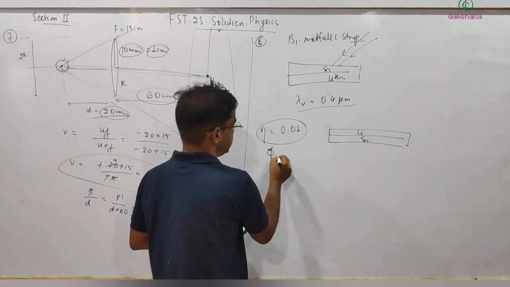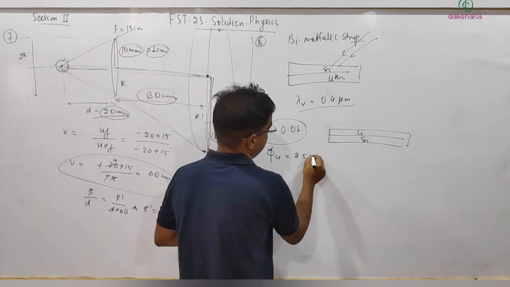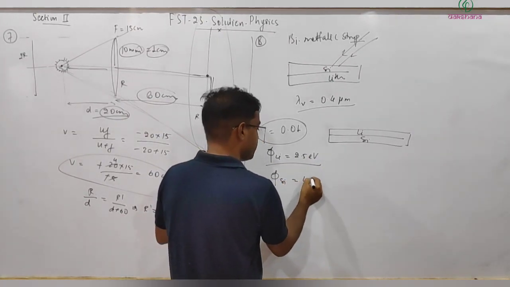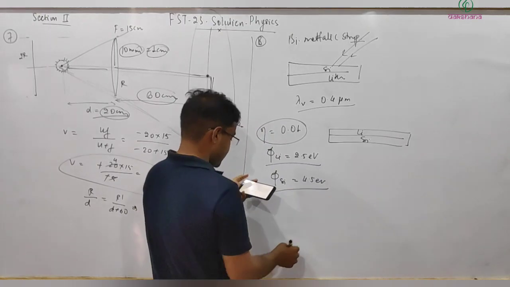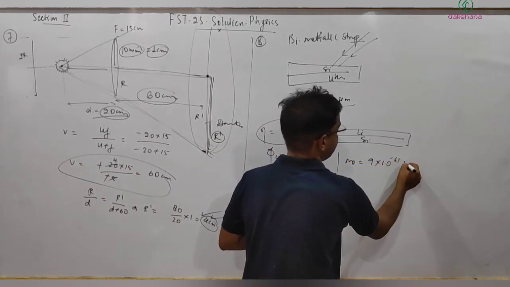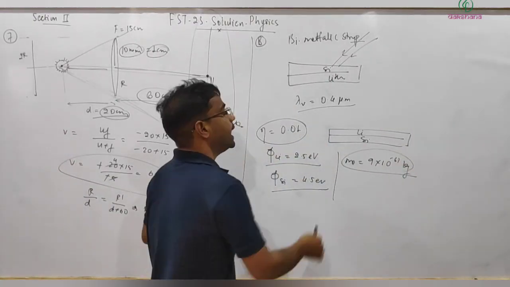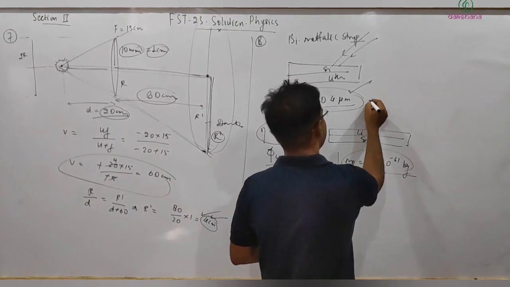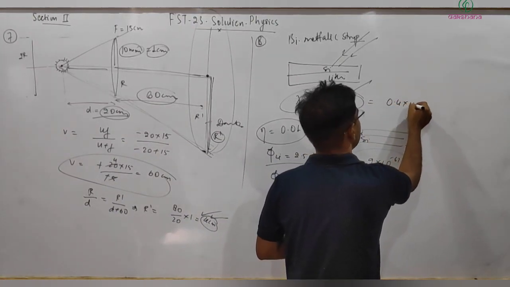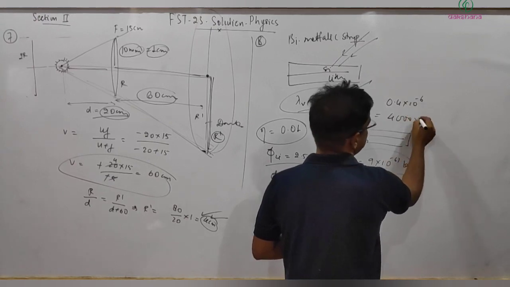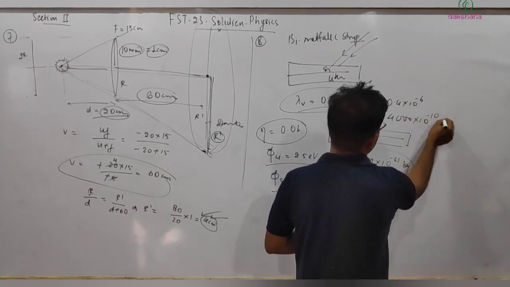So phi for lithium is given as 2.5 electron volt, and phi for silver is 4.5 electron volt, and the mass of the electron is also given, 9 into 10 to the power minus 31 kg. The wavelength of the light incident is 0.4 micron, which can be written as 0.4 into 10 to the power minus 6, so that is equal to 4000 multiplied by 10 to the power minus 10 meter.